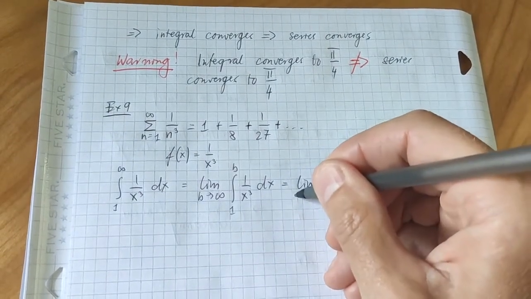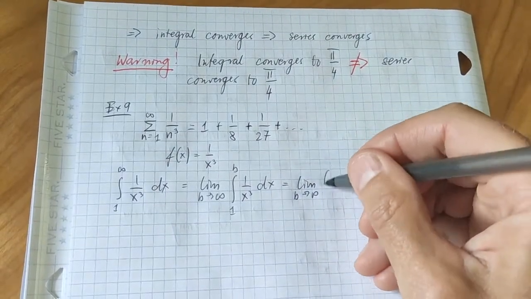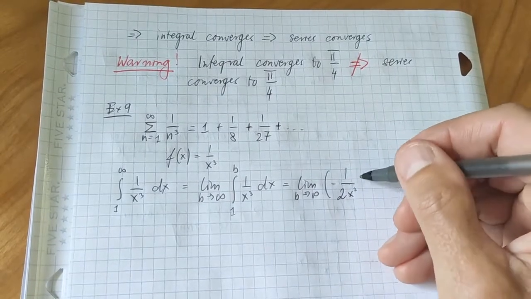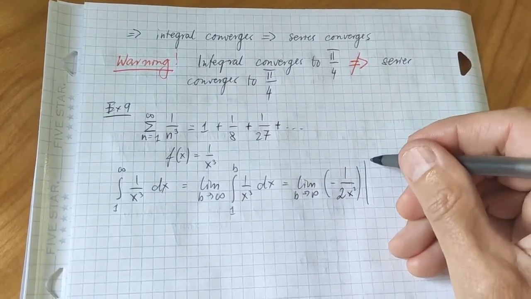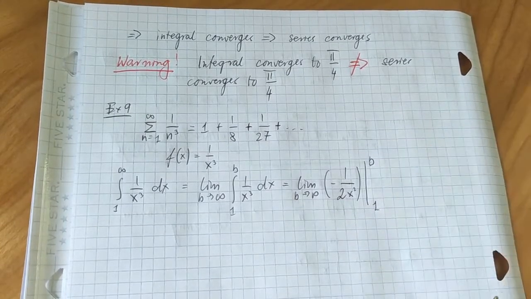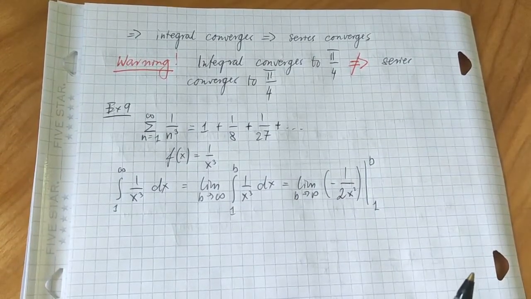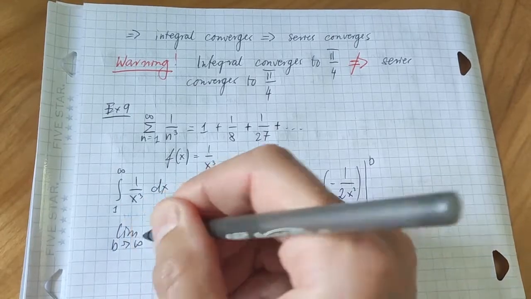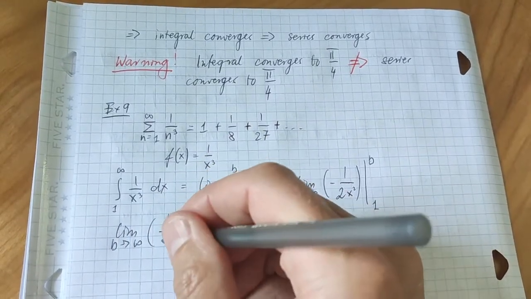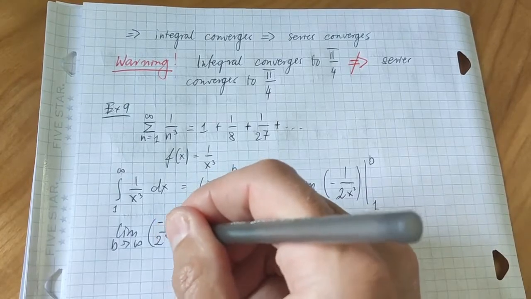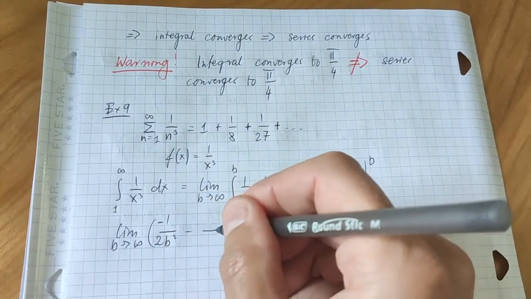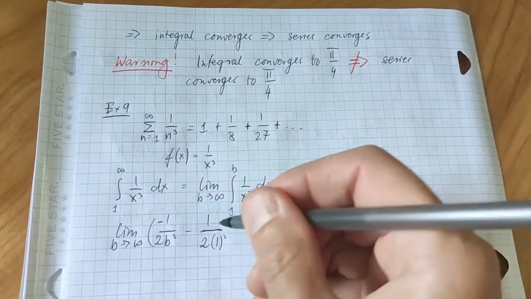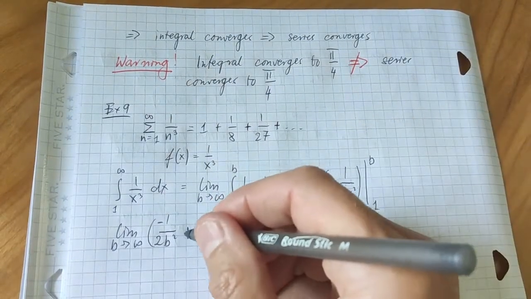So we're getting the limit as b goes to infinity of minus 1 over 2x squared, and the limits of integration are b on top and 1 on the bottom. Okay, so let's plug them in. So I will have negative 1 over 2b squared minus 1 over 2 times 1 squared. Okay, it's a negative, so this will be plus.